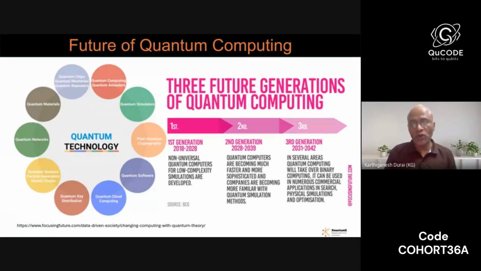And this QuCode 21 challenge is a really good starting point. I really appreciate those who are taking part in it. It is a really good initiative to build your quantum knowledge. So first learn, then build the network, then find the job.